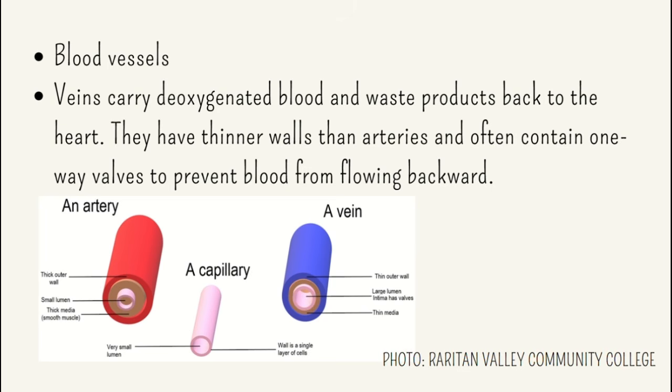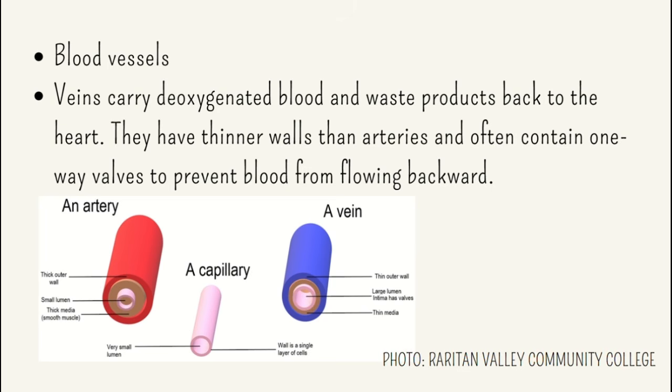And they have valves. Valves in our veins are very common, and they serve a key essential function, to prevent the backflow of blood, right? So we say veins are carrying deoxygenated blood to the heart.